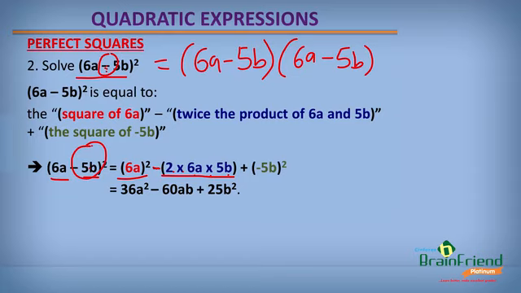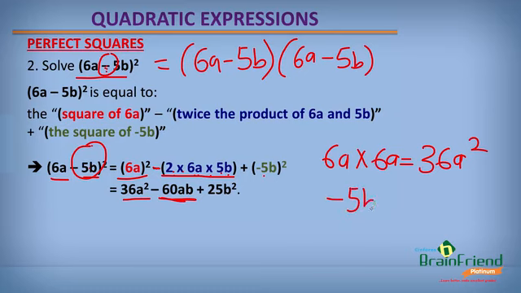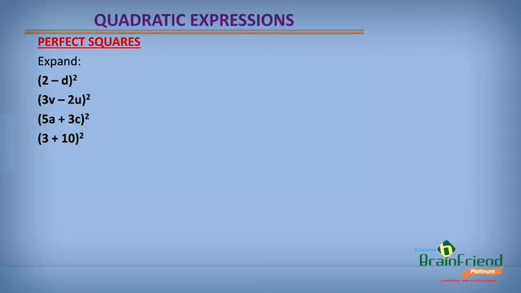And once we expand this, 6a squared is equal to 36a squared, because 6a times 6a is equal to 36a squared. 2 times 6a times 5b is equal to minus 60ab. And minus 5b times minus 5b is equal to 25b squared.